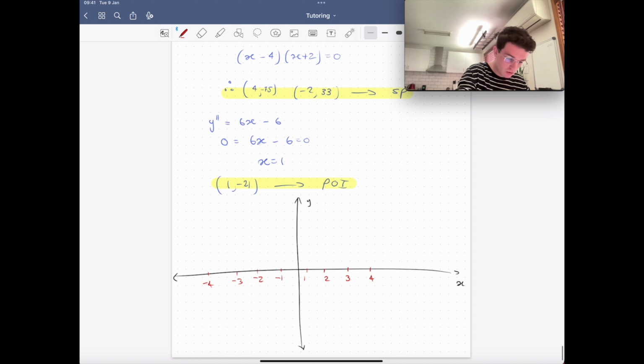We've got our stationary point at 4, minus 75, so all the way down here. We've got another stationary point at minus 2, positive 33. And we've also got a horizontal point of inflection at 1, minus 21, so about down there. We might add that information: minus 75, minus 21, positive 33. It doesn't have to be accurate or to scale very well. It has to be kind of to scale. It doesn't have to be the best. It just has to show key information.